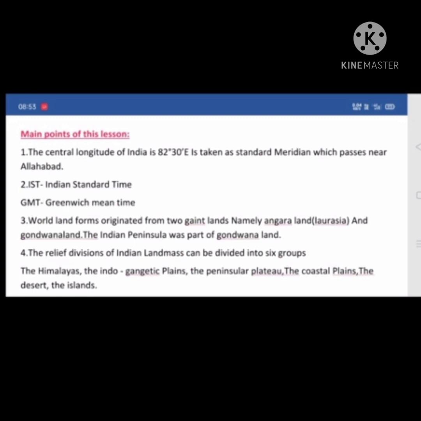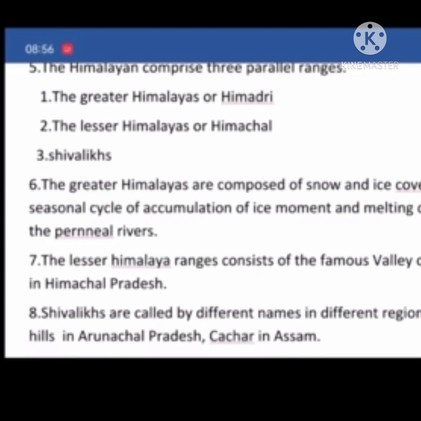Fifth point, the Himalayas comprise 3 parallel ranges. First one, the Greater Himalayas or Himadri. Second, the Lesser Himalayas or Himachal and Shivalik.